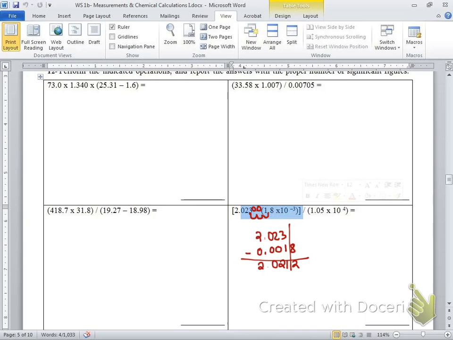Did I do that right? Let me check my math. Right? Got decimals there. The 1 is my last significant digit. And now I have to divide it.